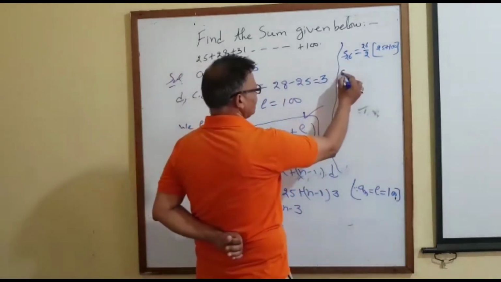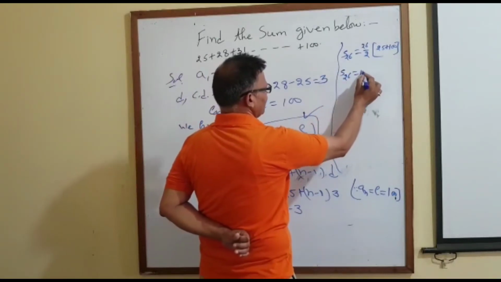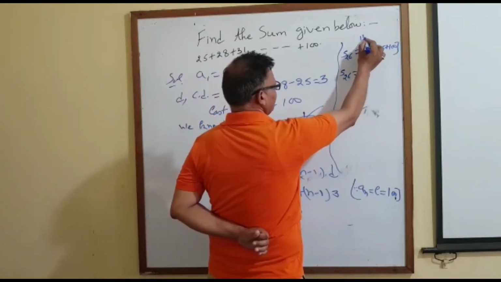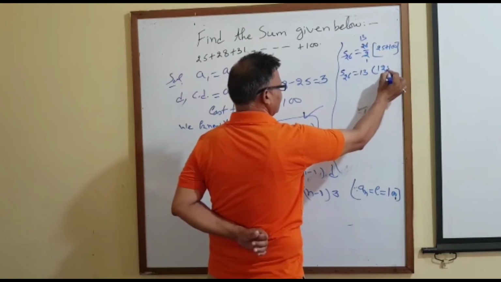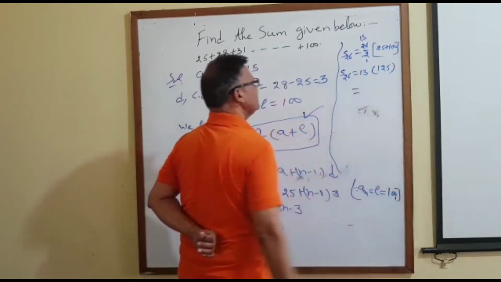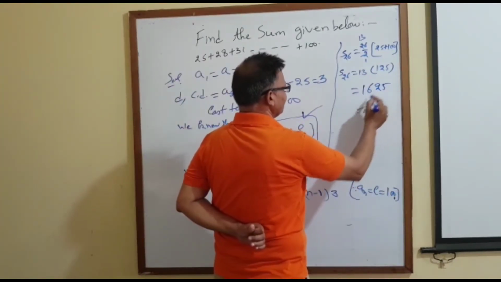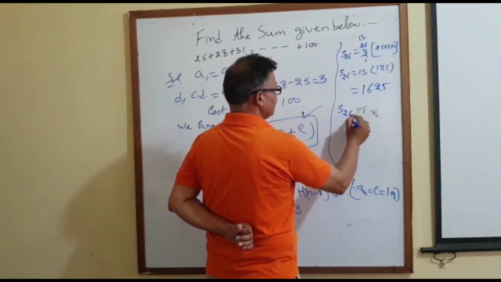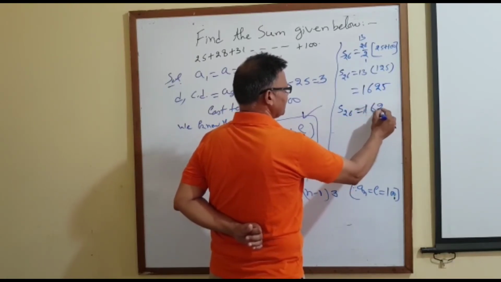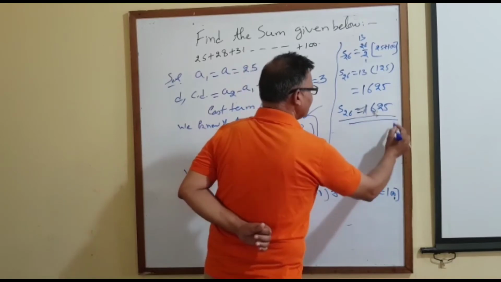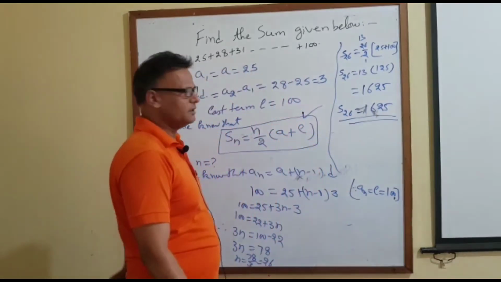So S26 we get 13 into 125, which is 1625. So S26 is equal to 1625. Like this you can solve other sums also.